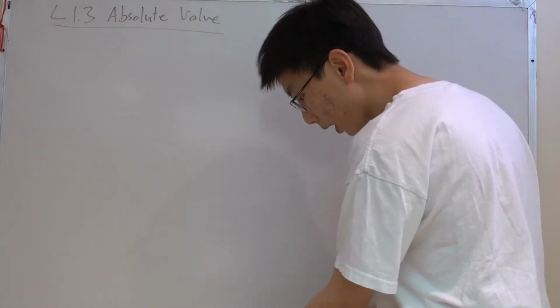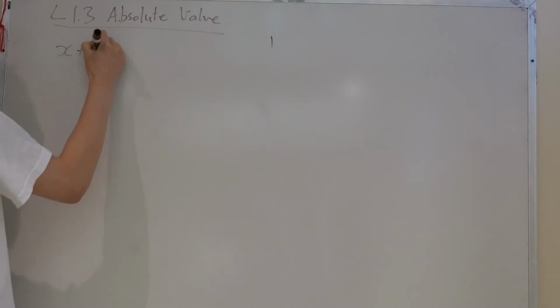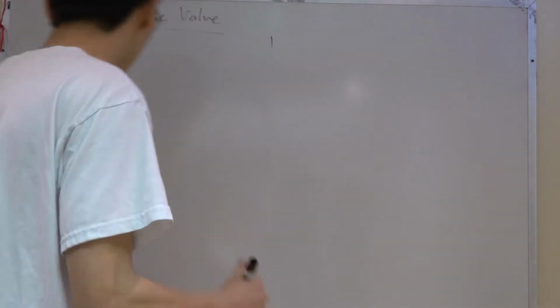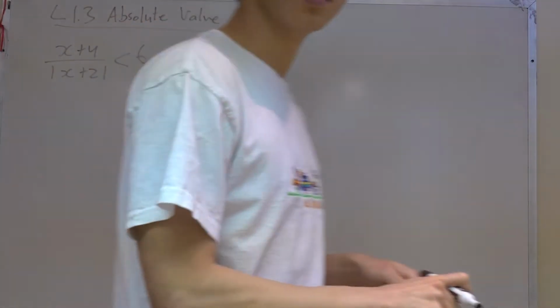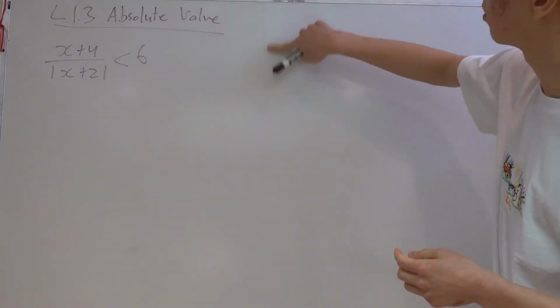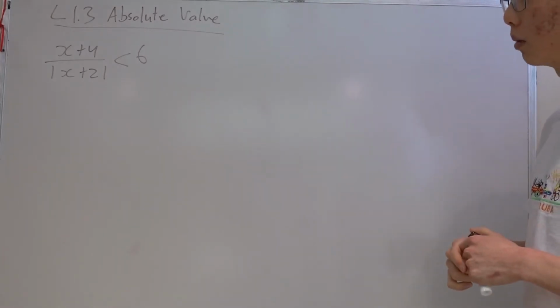So the first example I have is x plus 4 over the absolute value of x plus 2 is less than 6. Alright, so if this is the first time you've just learned about absolute value, I don't expect you to be able to do this right now. So we're going to work through it together just to give you a bit of a feel of how you would go and solve these problems.